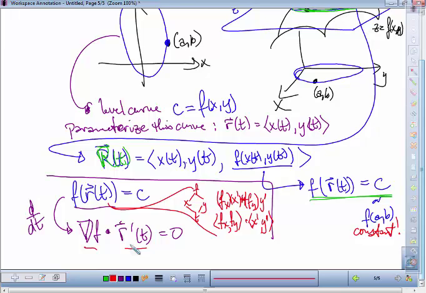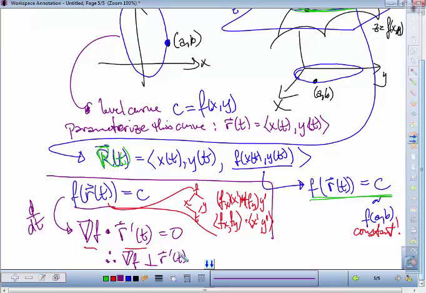Whenever the dot product of two vectors is equal to 0, that means they're perpendicular. Therefore. Now r prime describes the direction of the curve, right?